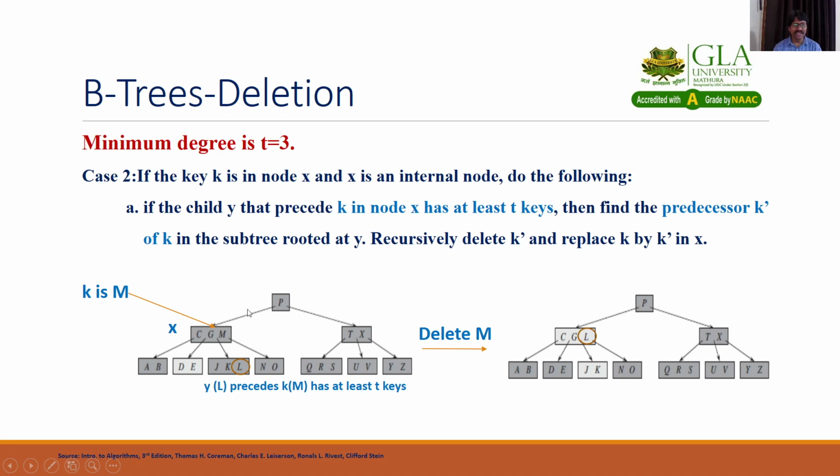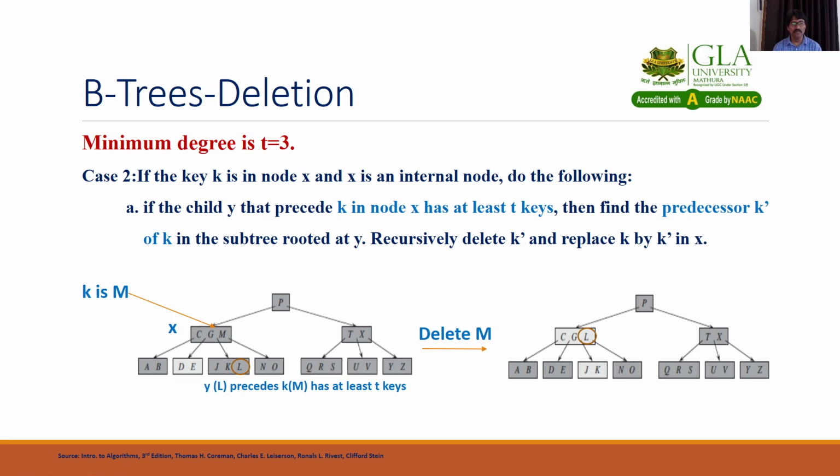If the child y that precedes k in node X has at least t keys, here we go for the left child of m. We see if it has t number of keys. Yes, this is the y child, and it has t keys, 3 keys.